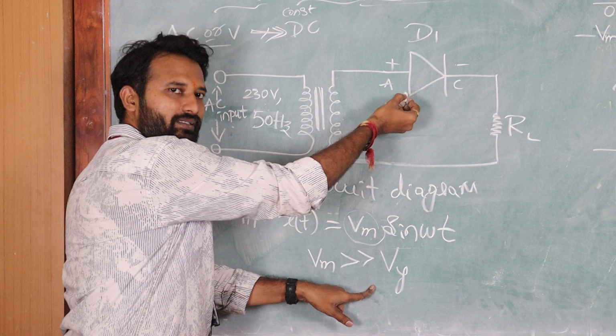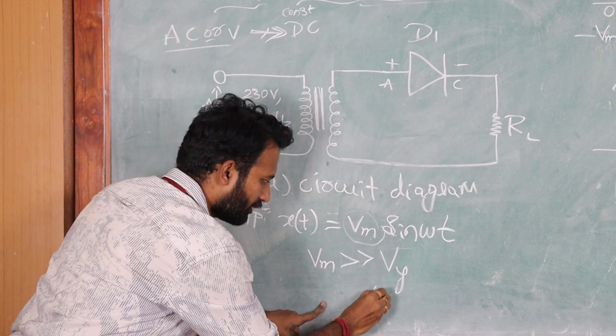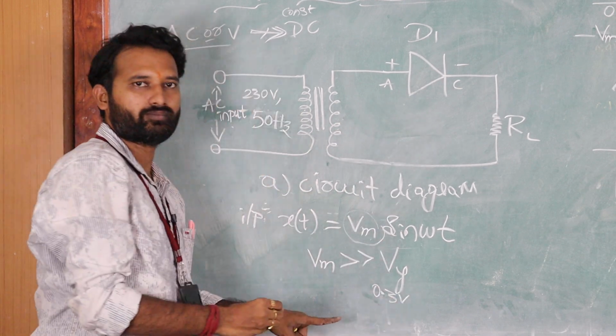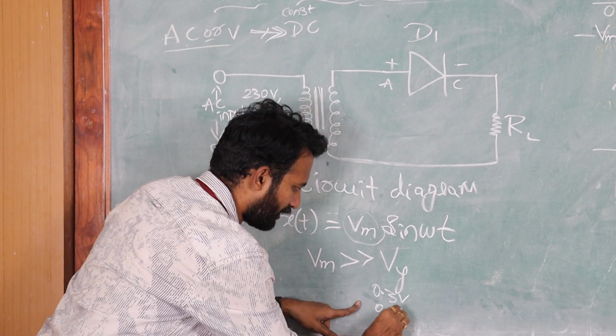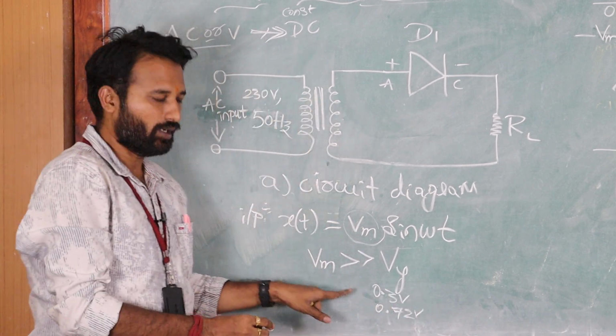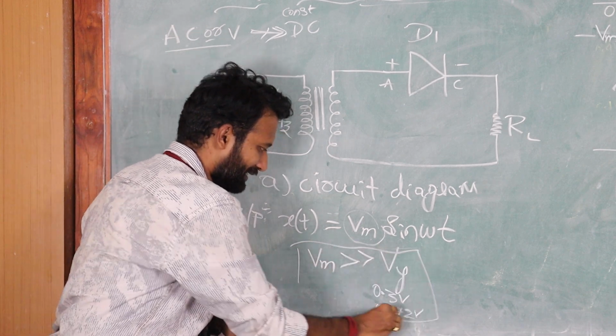For example, if my diode is germanium, the cut-in voltage is 0.3 volt. If my diode is made of silicon, my cut-in voltage is 0.7 volt. This condition should be satisfied.